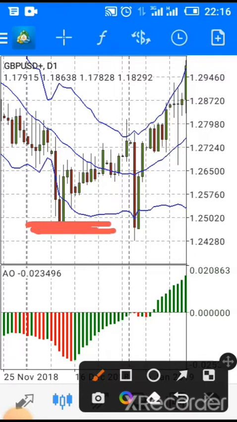So what are we supposed to do? We will wait patiently for price to come down to this zone, which in this case happened in only one day. Look at this beautiful long bearish candle all the way down.